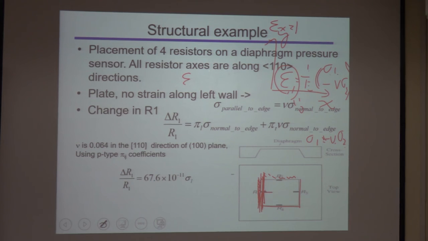Epsilon in this direction is 0. So this one, say 1 prime, equals 1 over E times (sigma 1 prime minus nu sigma 1). Sorry, if this is the 1 prime direction, then this is the 1 direction. Along the 1 prime direction, strain is 0.